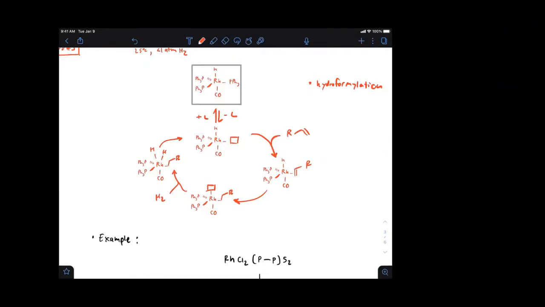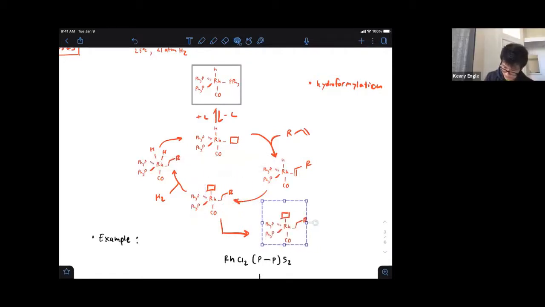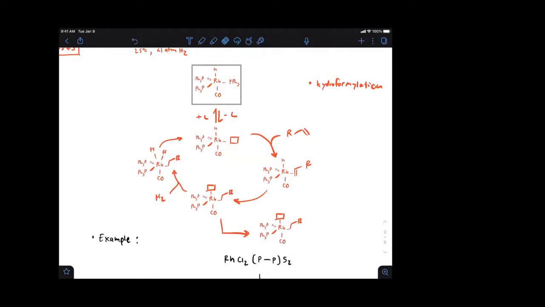It could be the alkene migration. You make your terminal alkene into a disubstituted alkene.